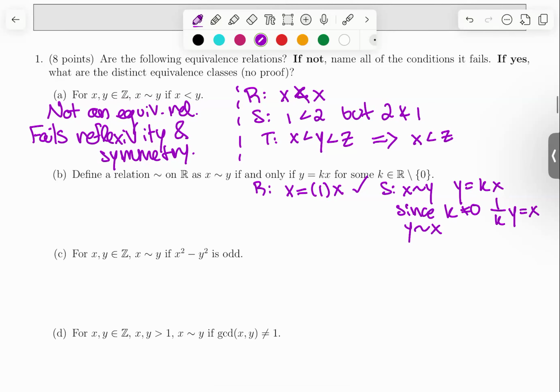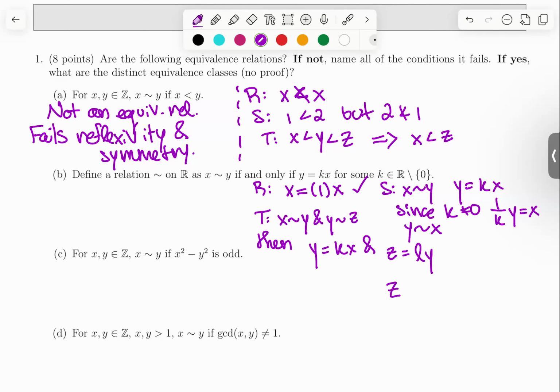And then transitivity is true because, if x twiddles y and y twiddles z, then we could write y as kx, and we could write z as maybe ly, right? For l and k non-zero real numbers.